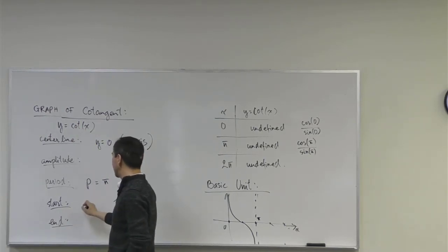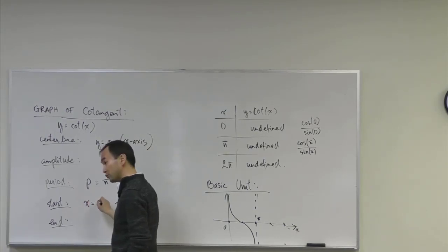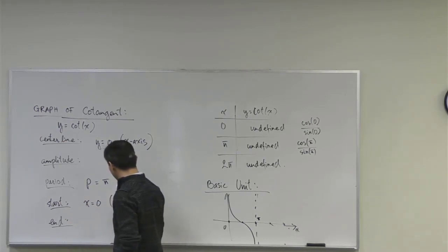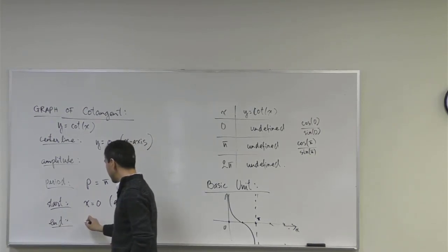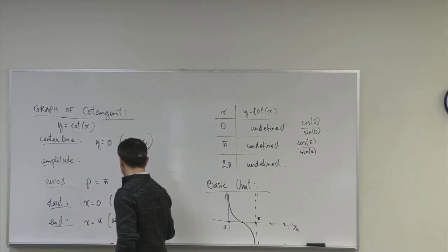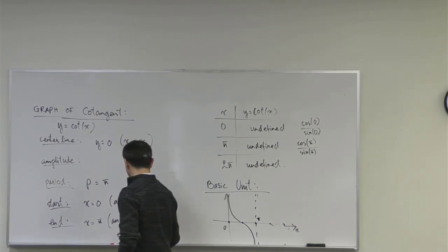And then it starts here, at the asymptote, and ends at the other asymptote, pi. Another asymptote. And then the rule for getting that, always again, is the start.